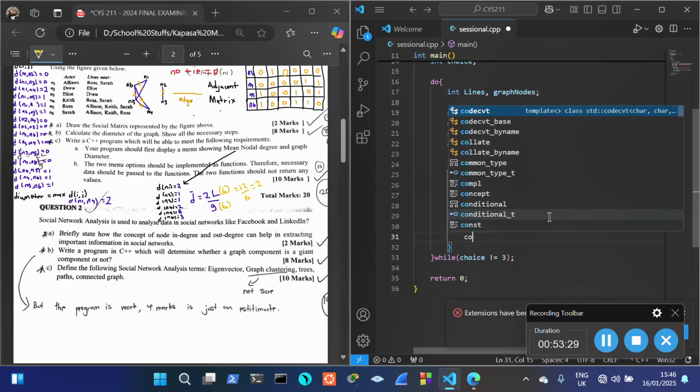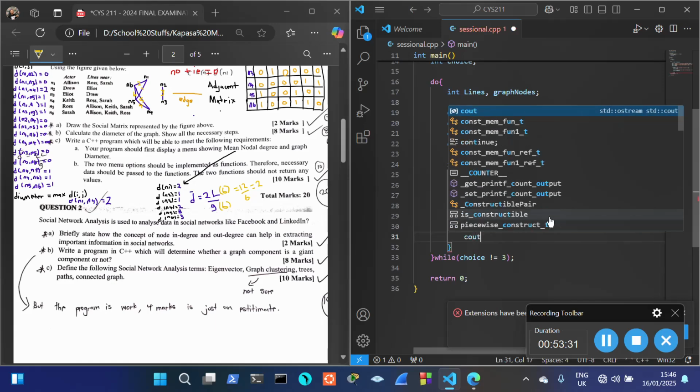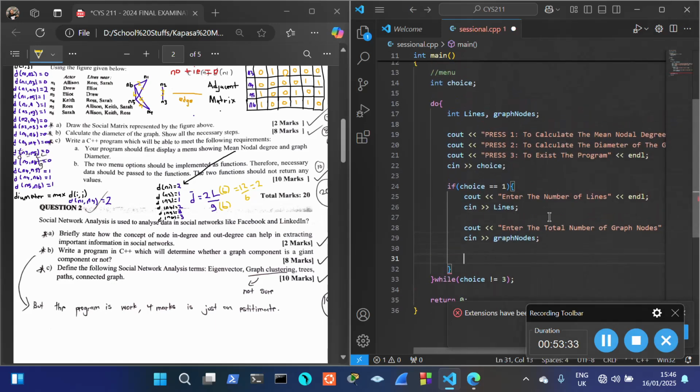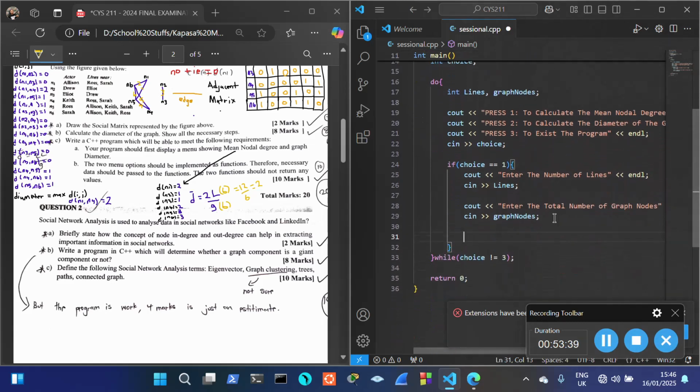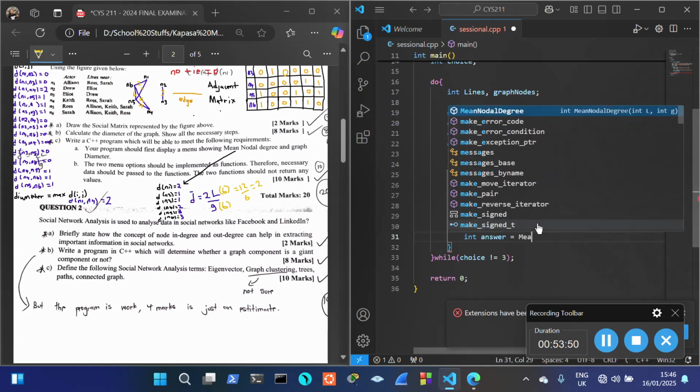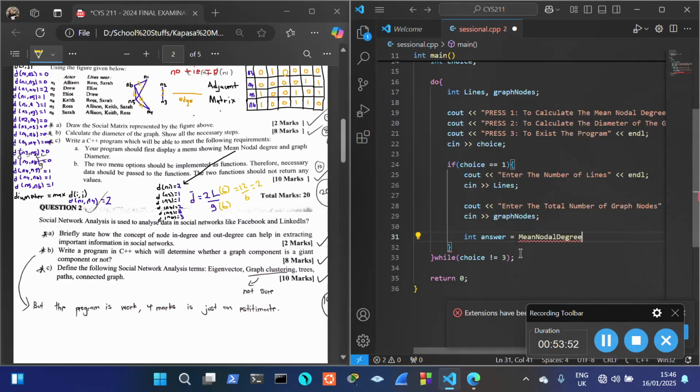So we are going to say, since this is the mean nodal degree, we need to expect the answer. We can say int answer. The answer we expect needs to be in the mean nodal degree function.